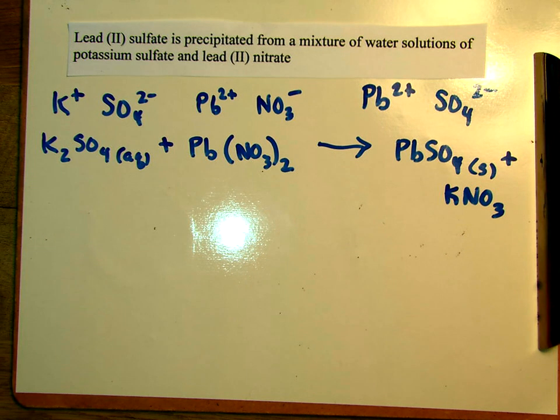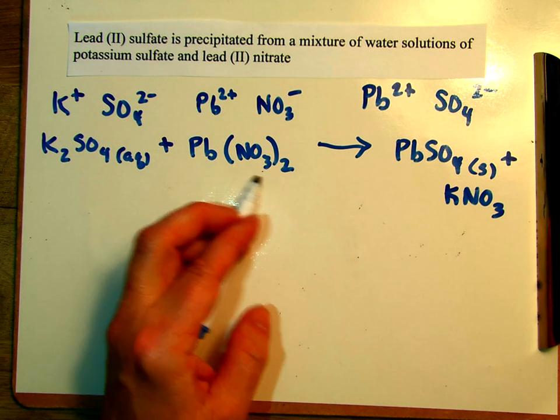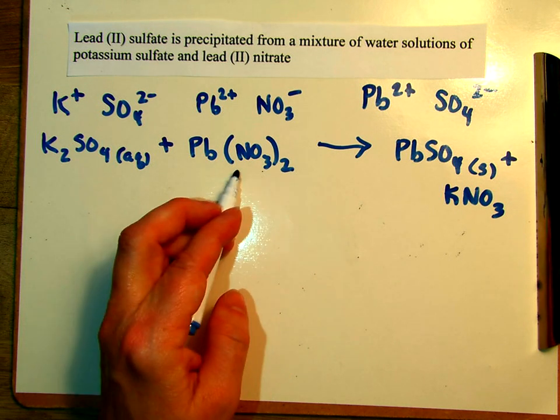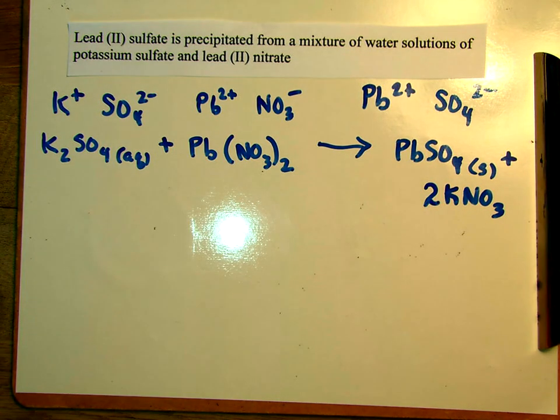All right. Now, let's balance it. And you can't break up that nitrate. Since we have two of them here, let's start by putting a 2 in front of the potassium nitrate on the right-hand side of the equation. Okay, now let's count up and see what we have.